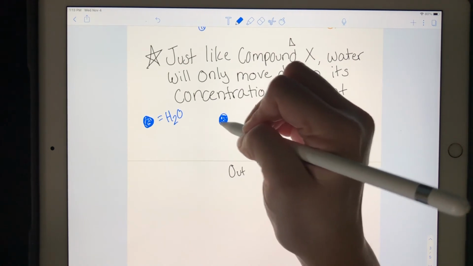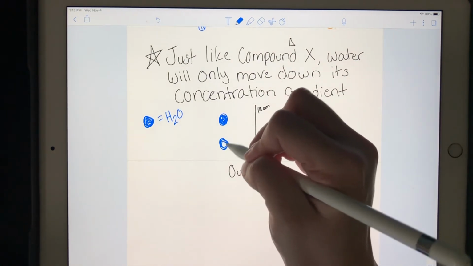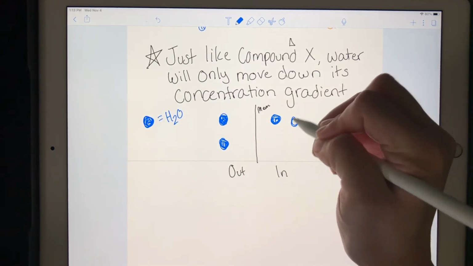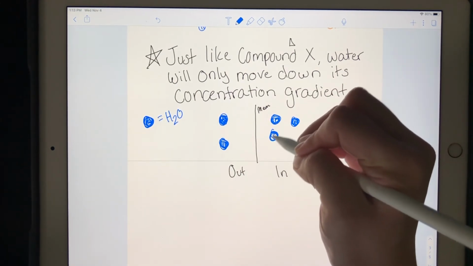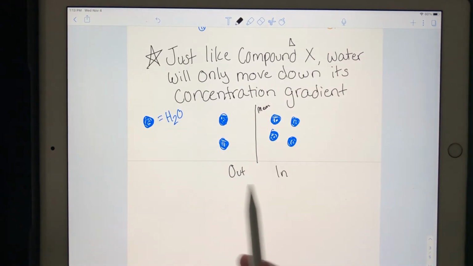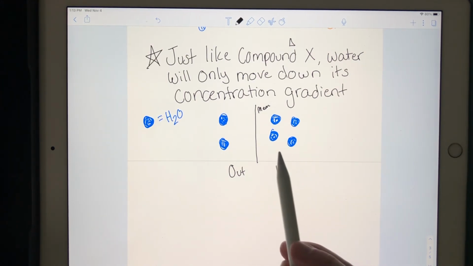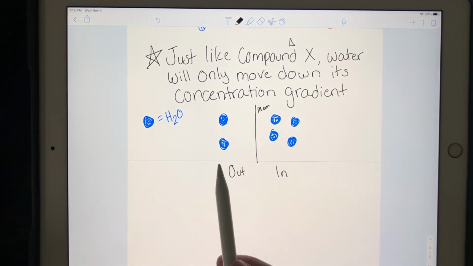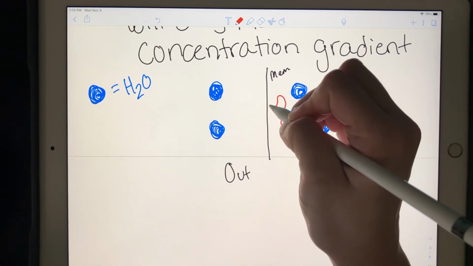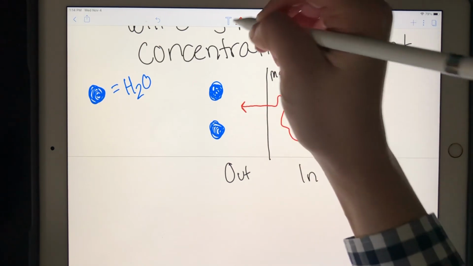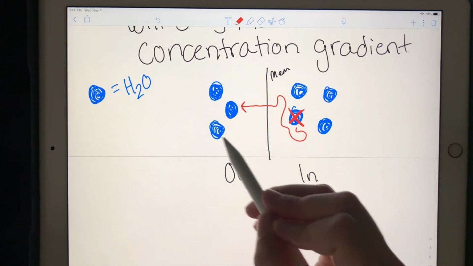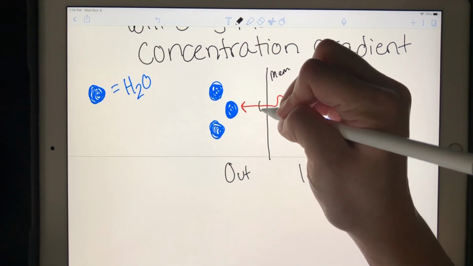There are 2 dots over here and 4 dots, so 4 water molecules over here. We have a concentration gradient because we have more water inside the cell than outside the cell. Eventually, there's some random molecular motion happening. Eventually, though, you'll get a water molecule that crosses over, and so now we have 3 and 3.